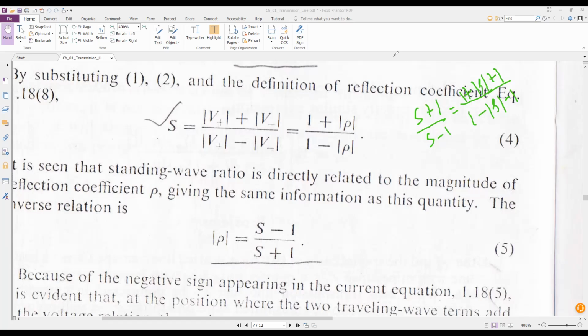No, let's write this equation: 1 plus rho divided by 1 minus rho. Now 1 plus S, 1 minus S.